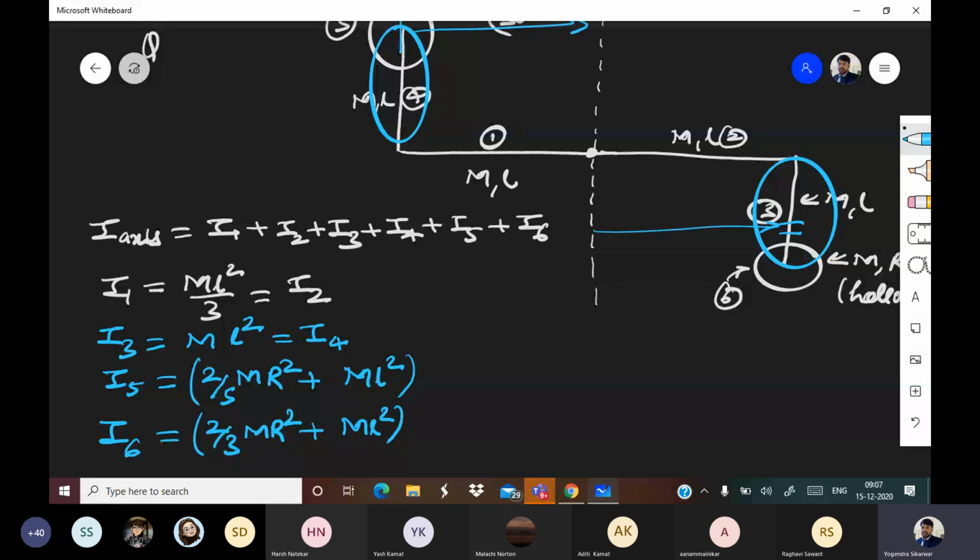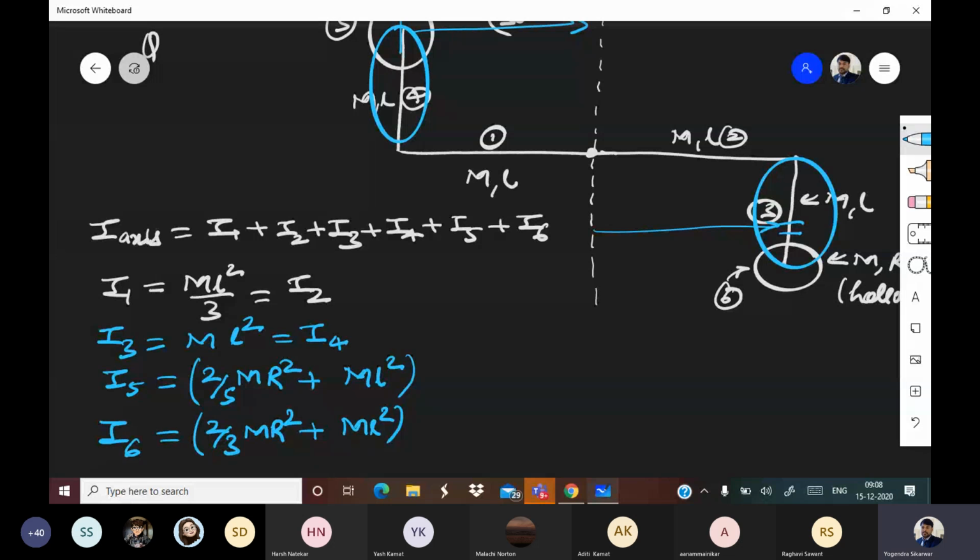All right. Now there is a question from Mr. Yash. Yash is saying, sir, shouldn't I3 be ml square by 12 plus? No. The reason is both are in the same plane. Yes, try to understand. When both the axis as well as the object are in the same plane, any mass on the rod is at the same distance L from the axis.